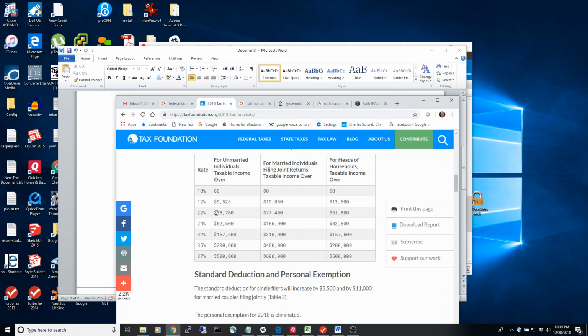As you can see here, the 12% tax bracket runs all the way up to 38,700. So if I think I'm going to be in the 24% in the future, a 12% tax bracket is pretty favorable to me. But unfortunately, I can't just go by this table. A tax return is really complicated. So I need to use TurboTax to figure this out.